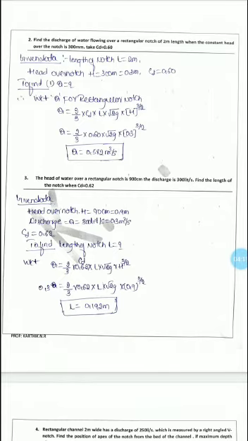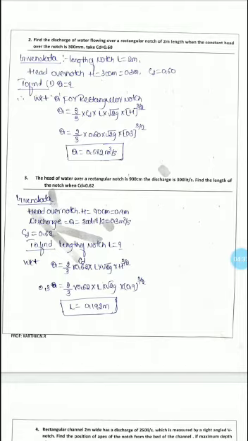Then the third problem is: the head of water over a rectangular notch is 900 centimeter and the discharge is 300 liters per second. Find the length of the notch when the coefficient of discharge is 0.62. Again, the problem is based on a rectangular notch.